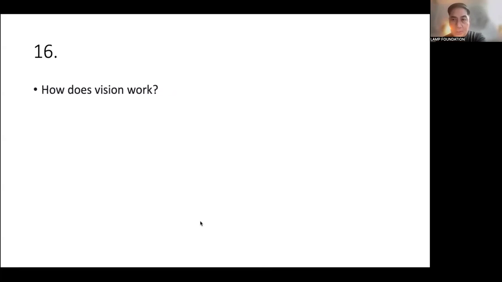How does vision work? Why are we able to see?